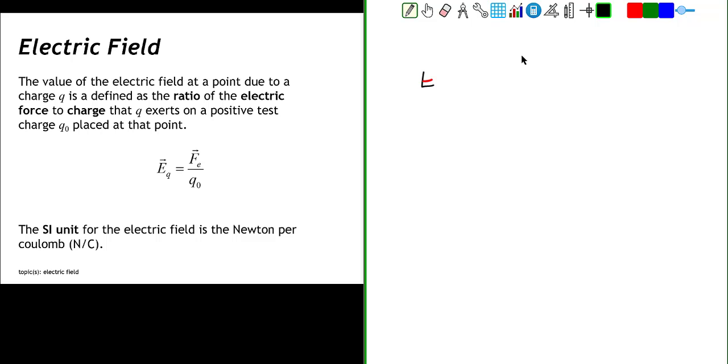So we have an electric field due to some source charge. Let's indicate that right here. Electric field due to some source charge. In other words, this electric field is caused by a charge.